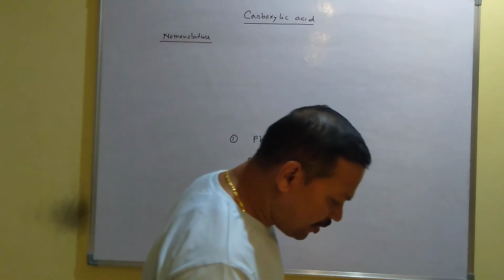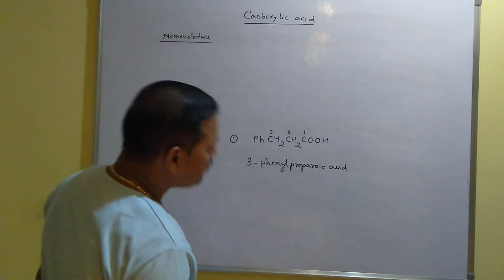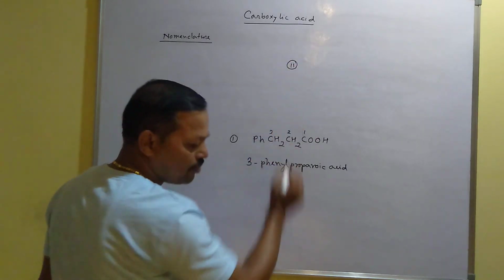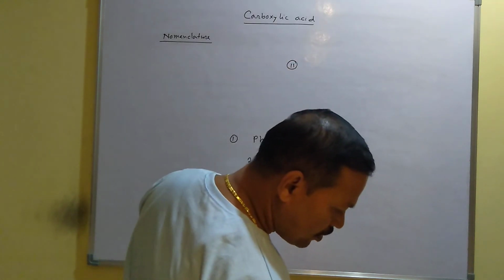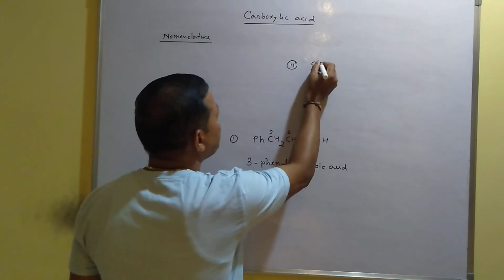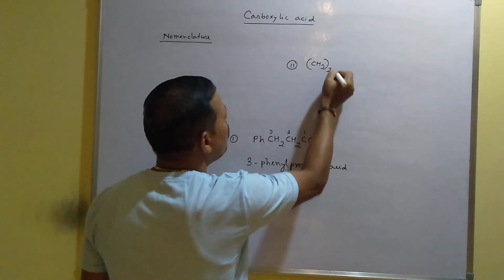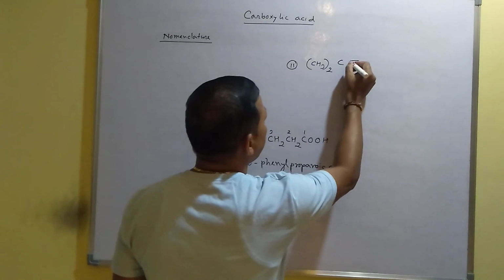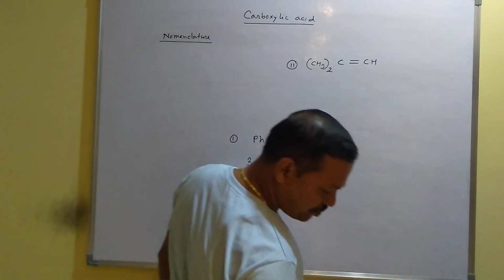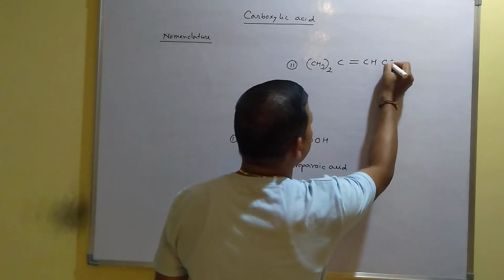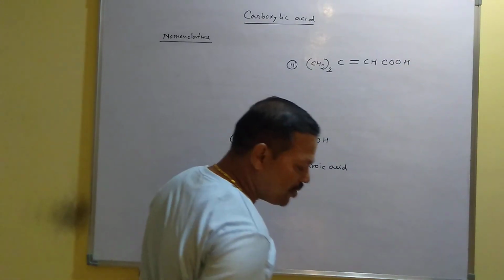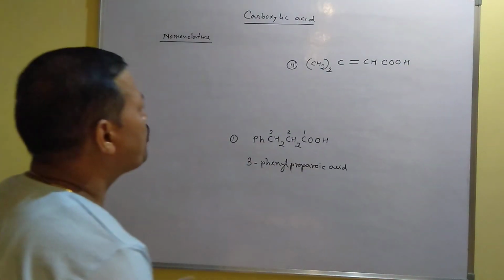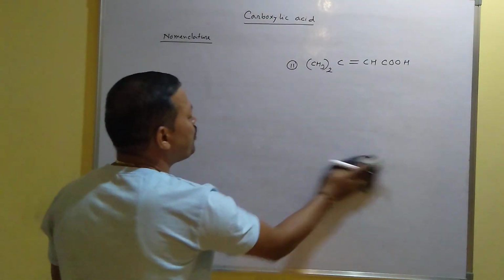Another compound is given, number 2, you have to write the IUPAC name: (CH3)2C=CH COOH. What is the IUPAC name of this compound?